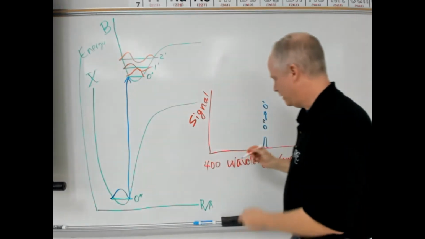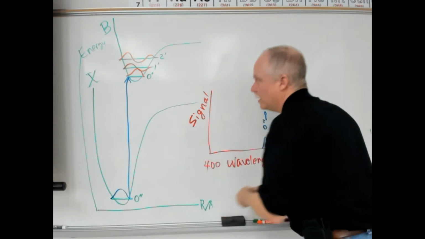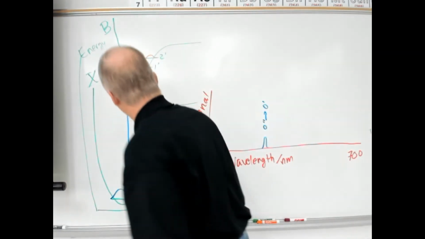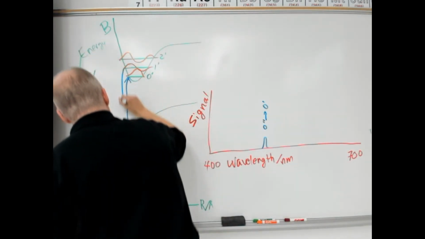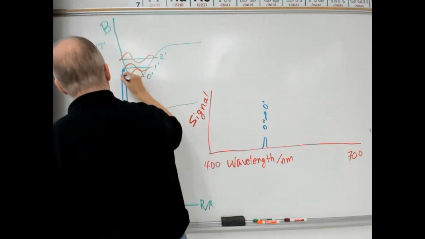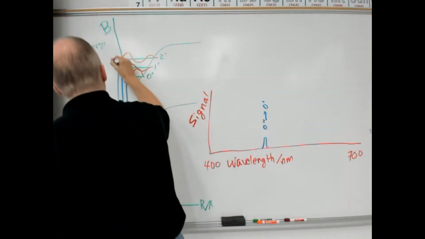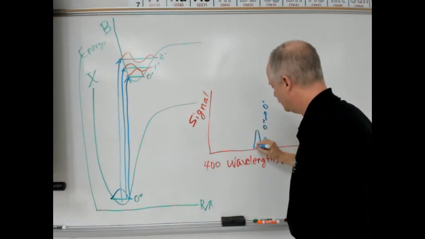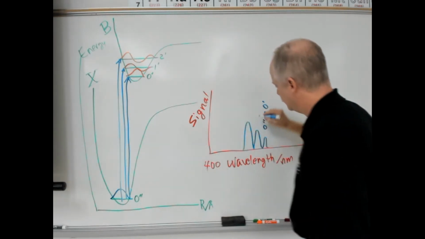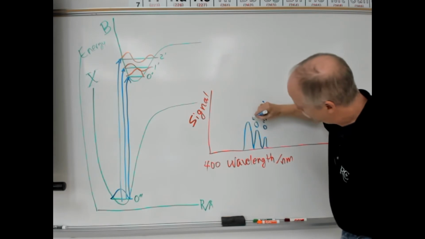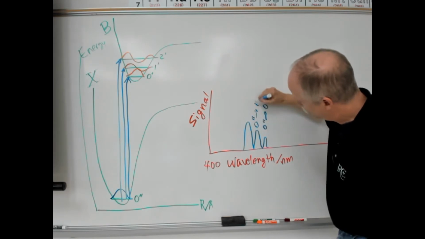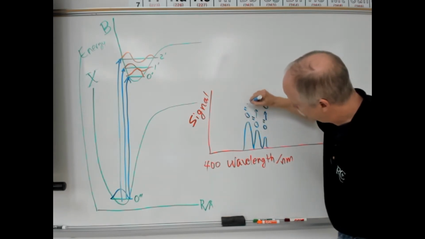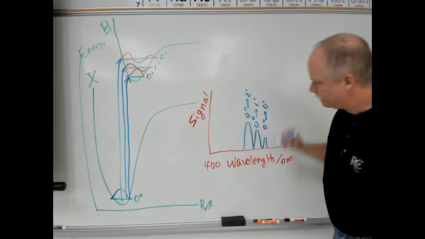And so then over here, I'll have this one, which is a little bigger, and this one, which is a little bigger. That's the 0 double prime to 1 prime, and the 0 double prime to 2 prime.